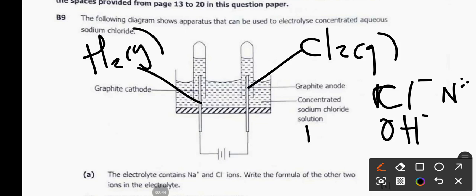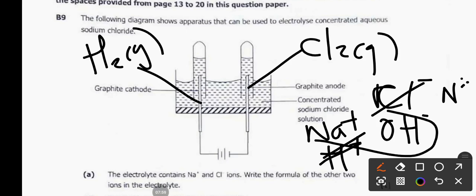Okay, so this is sodium and this is hydrogen. If the electrolyte, which had a total of about 4 ions, loses 2 ions, which are the hydrogen and the chlorine, then surely the concentration of the sodium hydroxide will increase. Why?